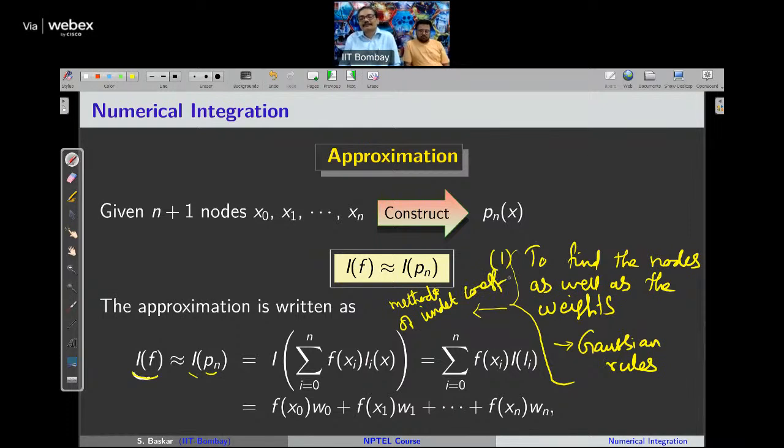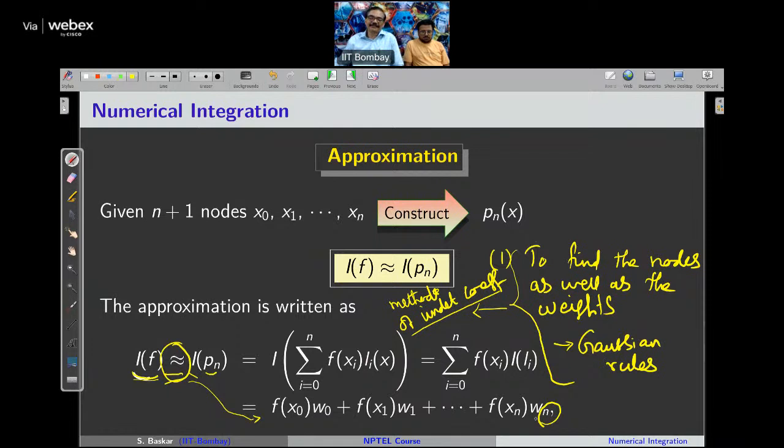The method assumes that the quadrature formula, which is generally only approximately equal to the exact integral, is exact when the integrand f happens to be a polynomial of degree less than or equal to n. If you are given n plus 1 nodes, you assume the formula is exact for polynomials of degree less than or equal to n.